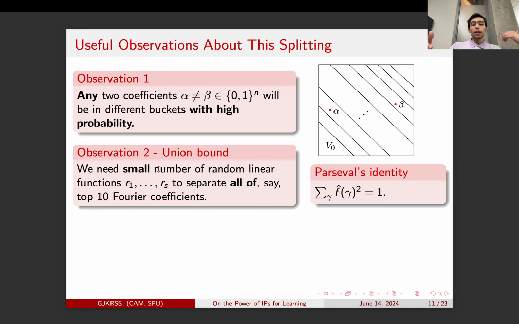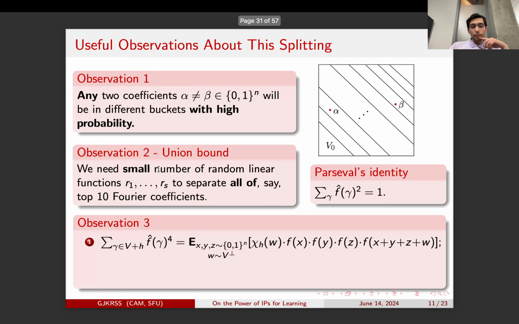I may refer to these cosets also as buckets. The third observation is that the sum of the fourth power of these coefficients in a given affine subspace, or in a given bucket, can be represented as this expectation that you see on the right side of the equality.